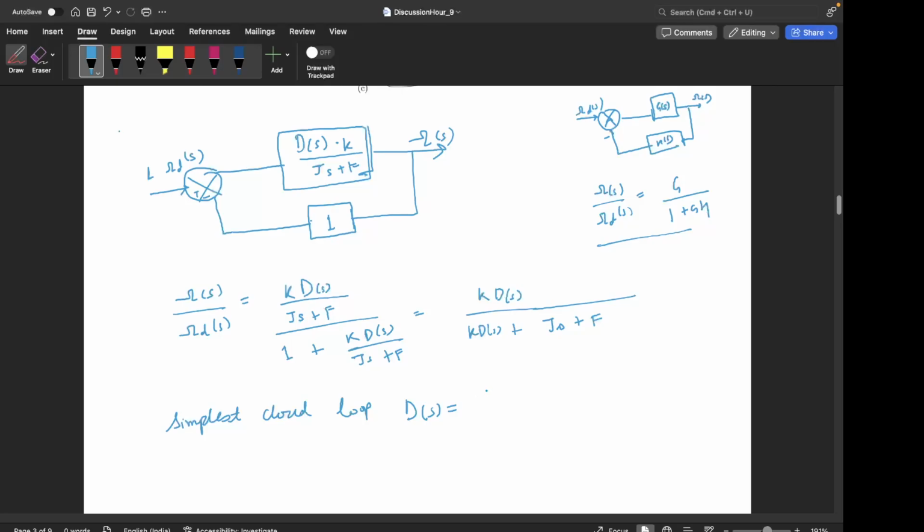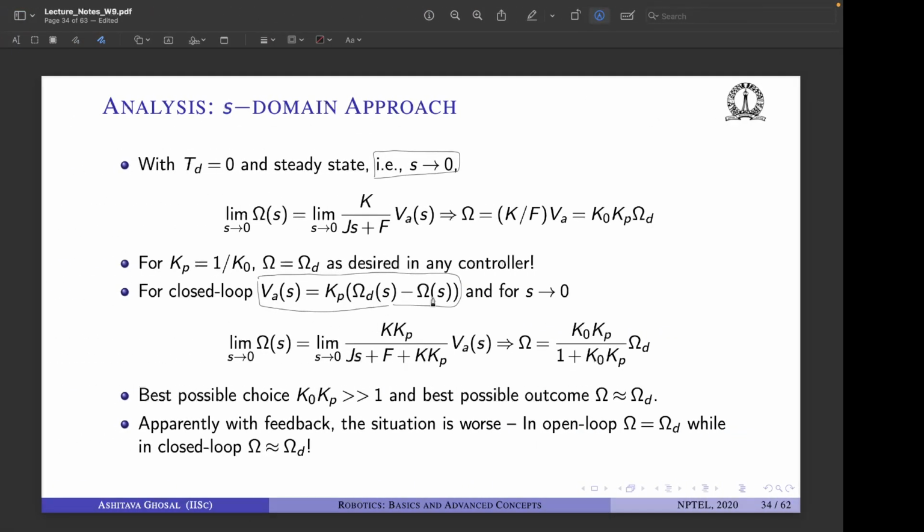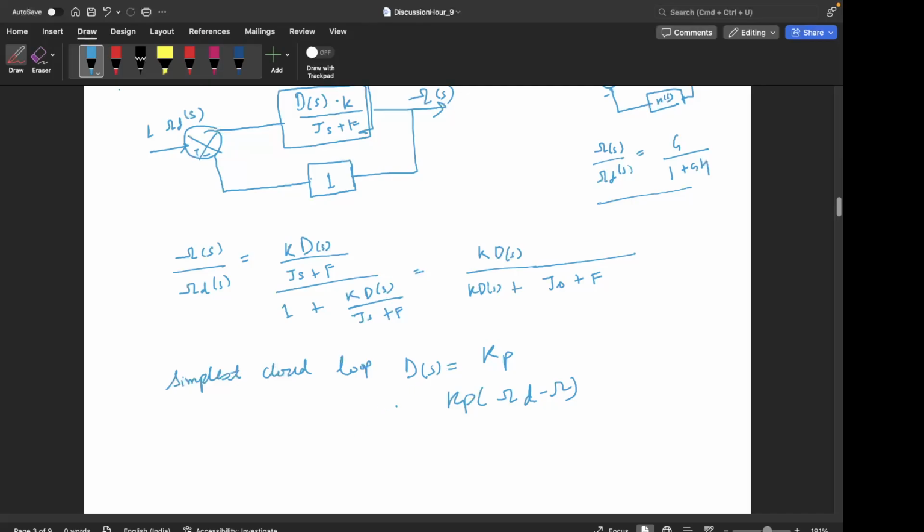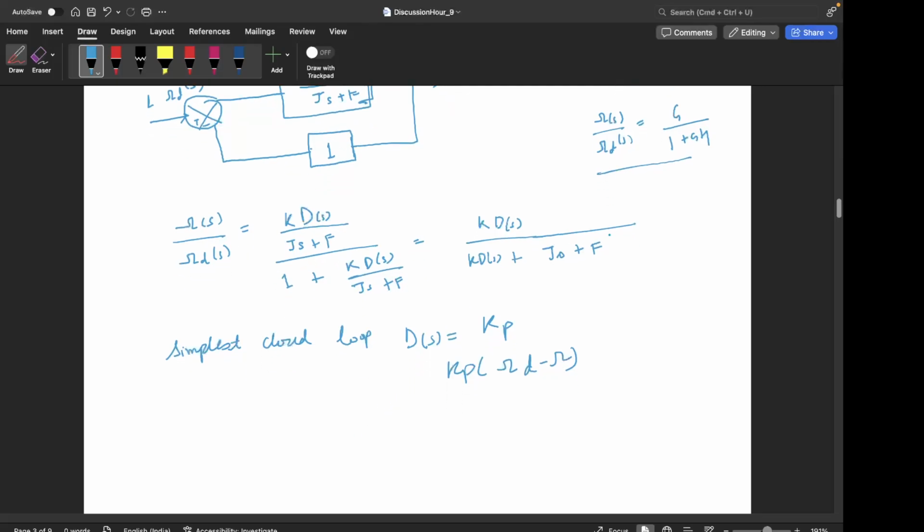The simplest closed loop control scheme is DS equals KP. So the output after DS will be KP times omega D minus omega. DS is KP, and we are taking S tends to 0, so this is gone.